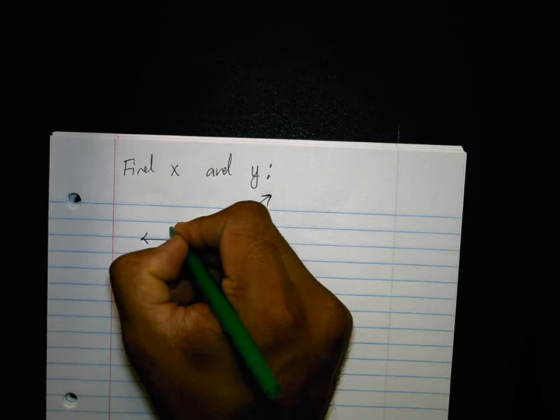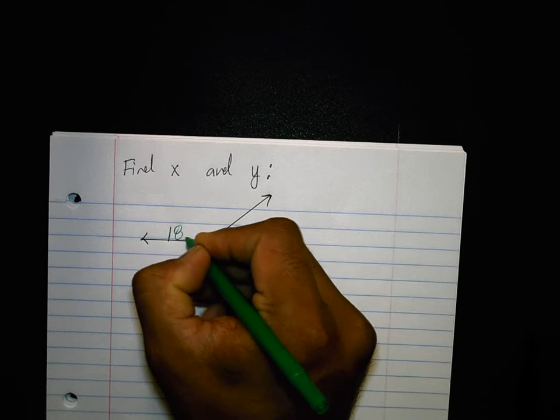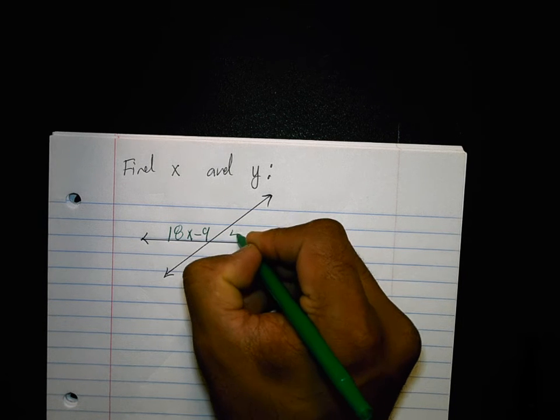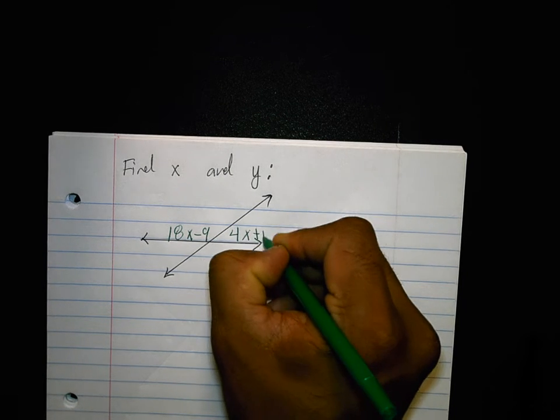So looking at this, I could have right here 18x minus 9 and 4x plus 13.